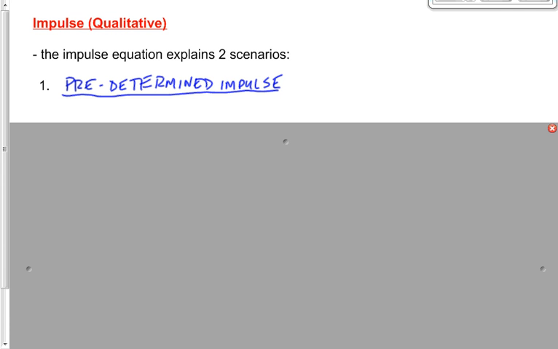In other words, when an object that is moving stops, it doesn't matter how it stops, it will experience the same change in momentum. For example, the car going down the road at 110 kilometers per hour has a certain amount of momentum. One thing is certain, sometime later on, it will have 0 momentum. The impulse that that car experiences will be the same no matter how that car comes to a stop.